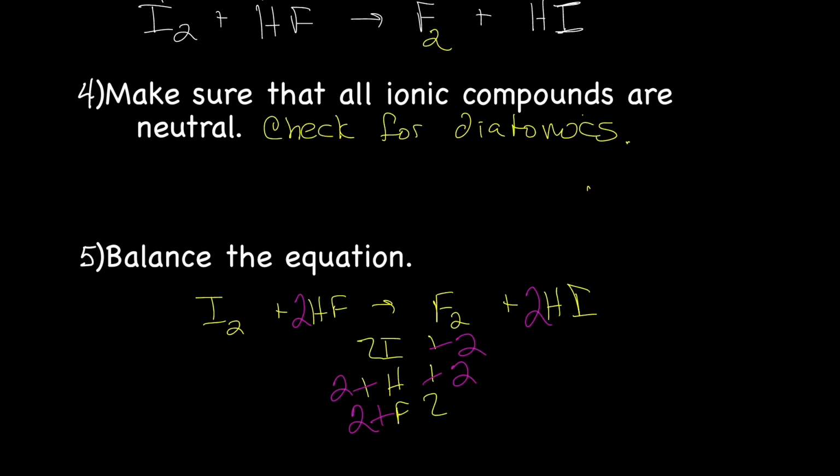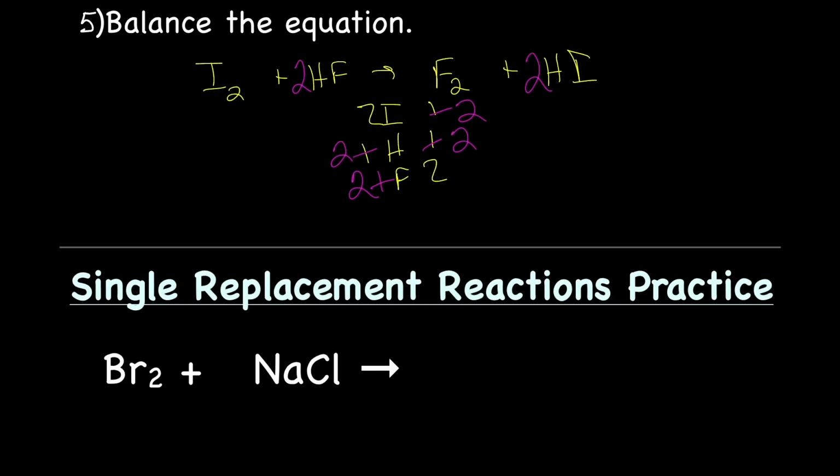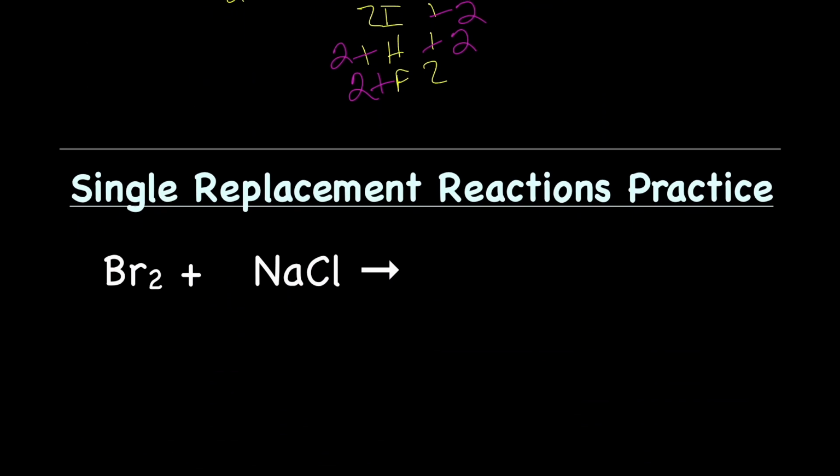All right? So now let's try one more. And you know what? I don't want to try that. So don't write that one down. I want to change this up a little bit. Let's get rid of this guy. Give me a sec. I want to do Mg, no, I don't want to do that.